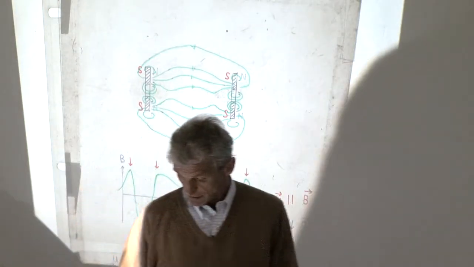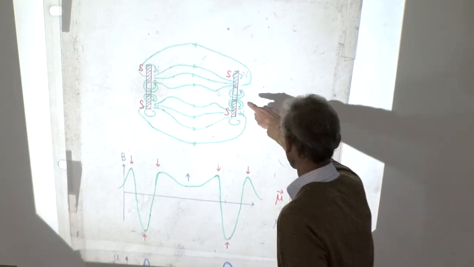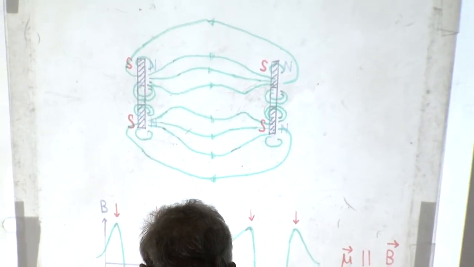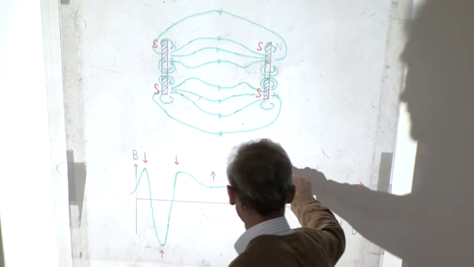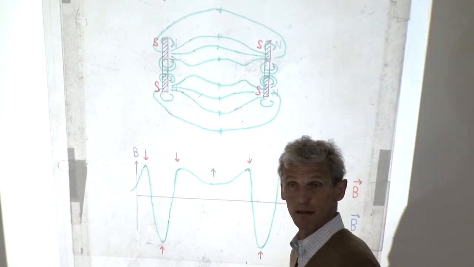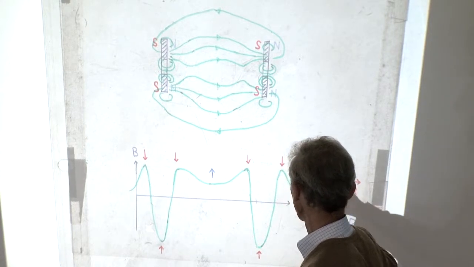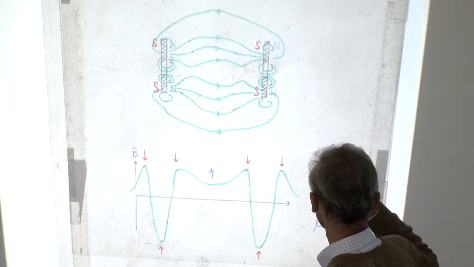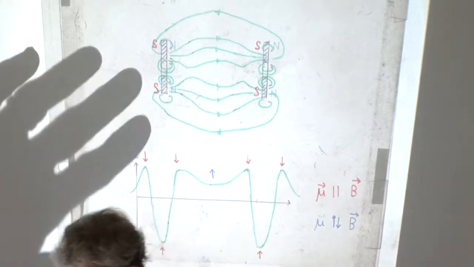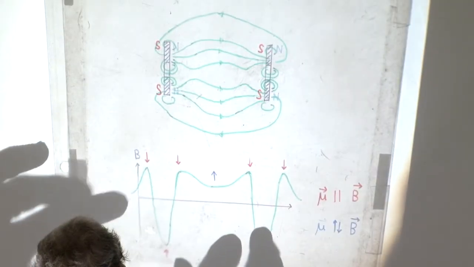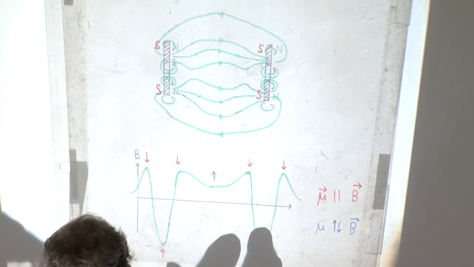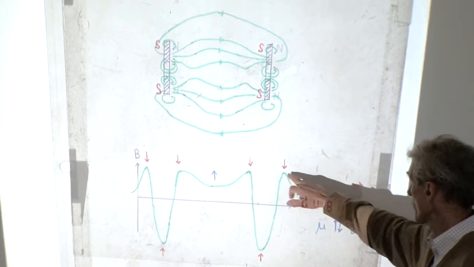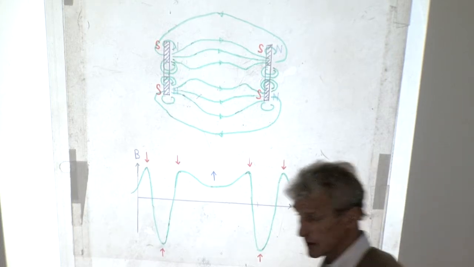And if I plot the magnetic field for this configuration, I find indeed that for one orientation, there are 4 maxima of the magnetic field, and therefore there are 4 minima of the trapping potential.